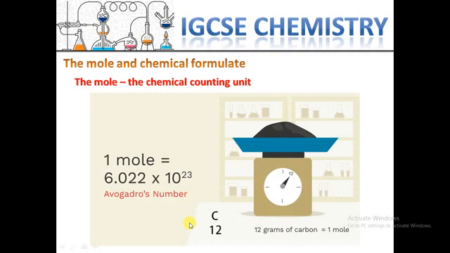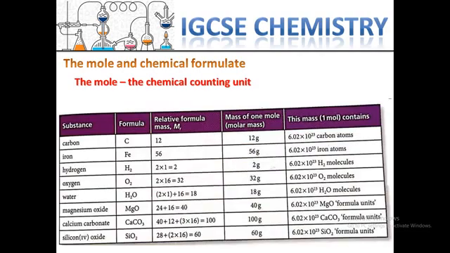For example, if oxygen is 16, that means 16 gram of oxygen is 1 mole. As we said, 1 mole is equal with a constant number, 6.022 times 10 power 23 atoms. This table is important. You can find it in your book.